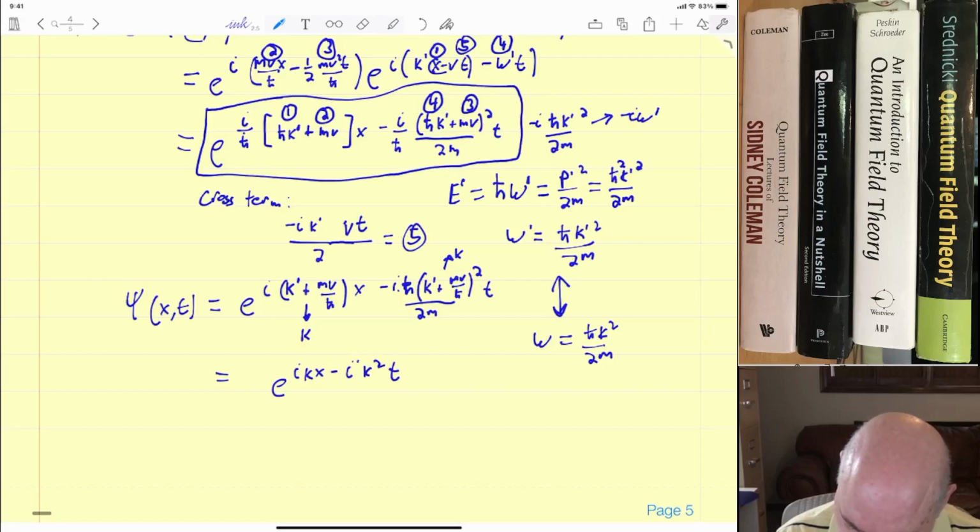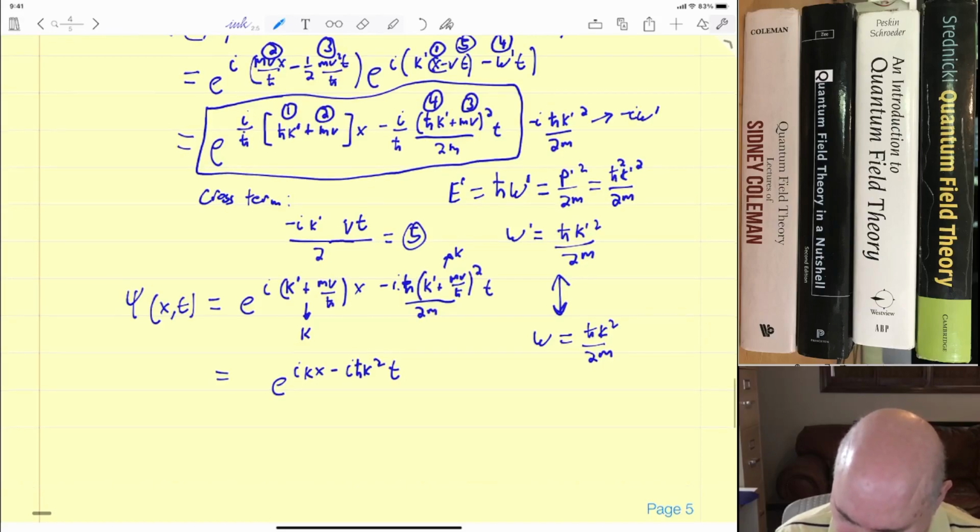I have minus i h bar k squared t over 2m, which is equal to e to the i k x, and again, h bar k squared over 2m is omega, k x minus omega t.